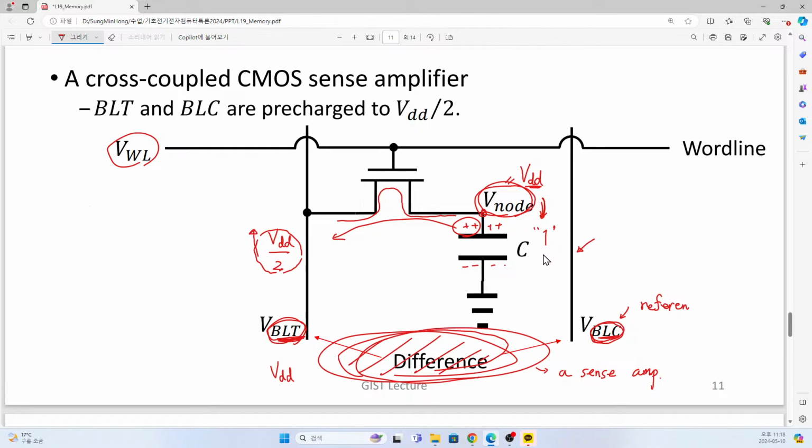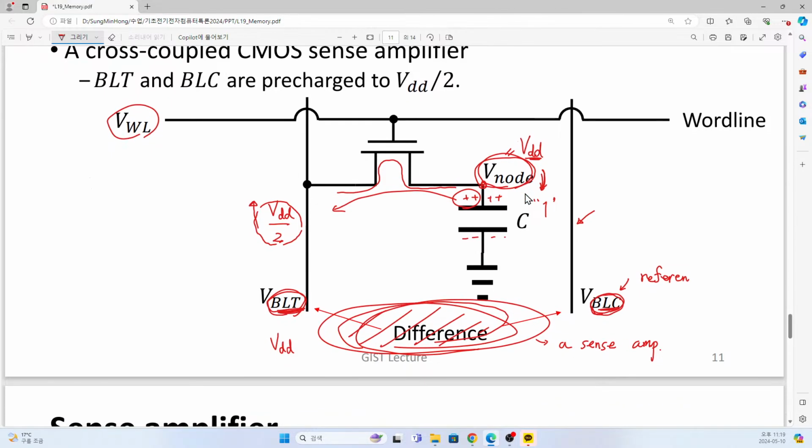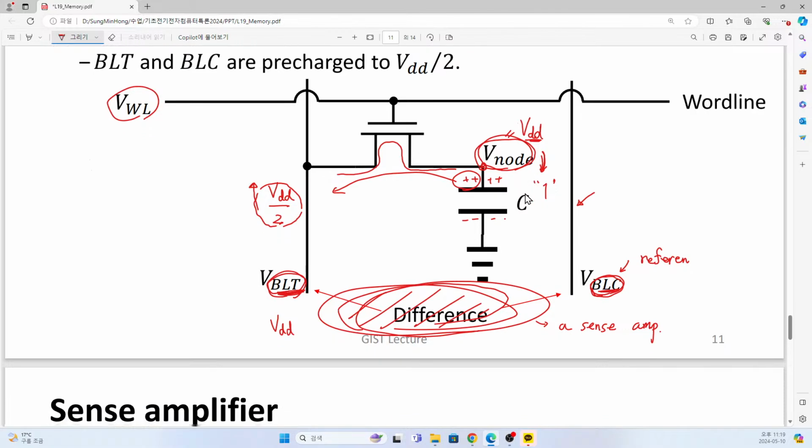It is quite close to the neutral value, half VDD. So by reading the information, our original information was already demolished. So what we have to do is recover this lost value once again. Now we know that value, we must write 1, but how can you write 1 once again to this point?